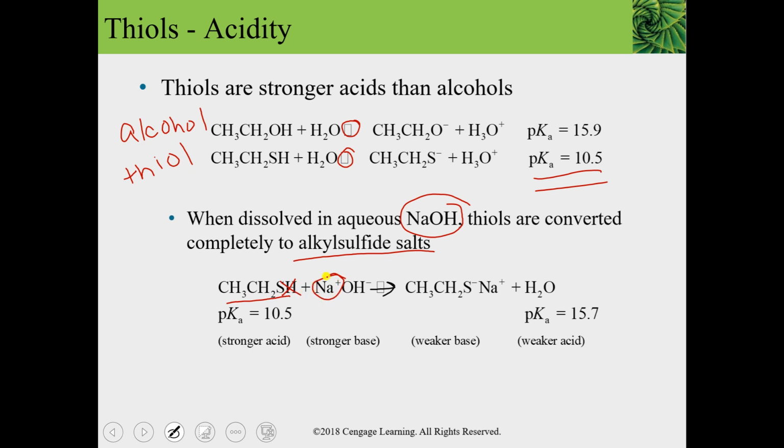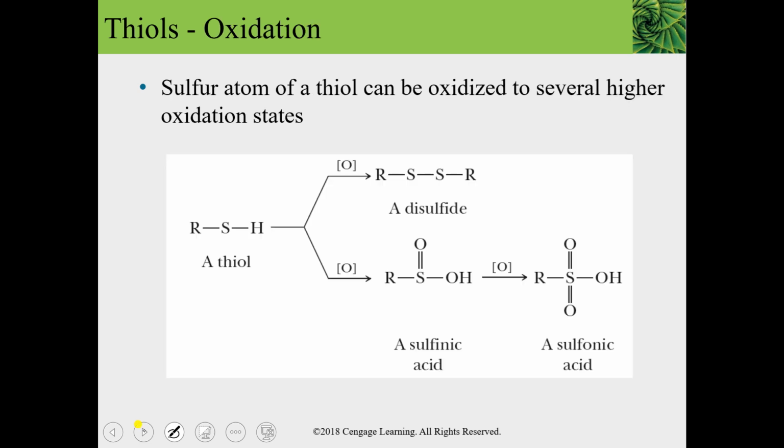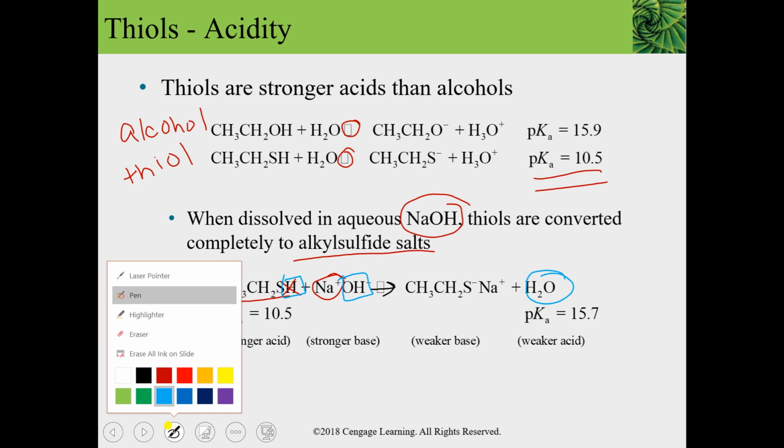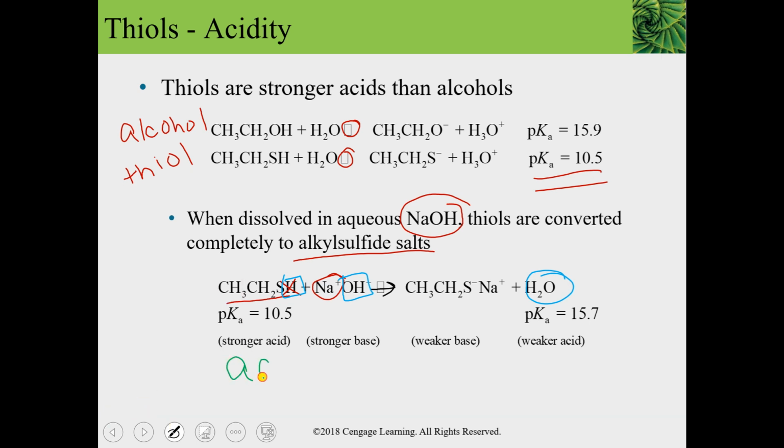What we're going to get from that hydrogen and this hydroxide is water. You can consider a thiol with a strong base a neutralization reaction. By the way, recap, neutralization: acid plus base yields soluble salt plus water.